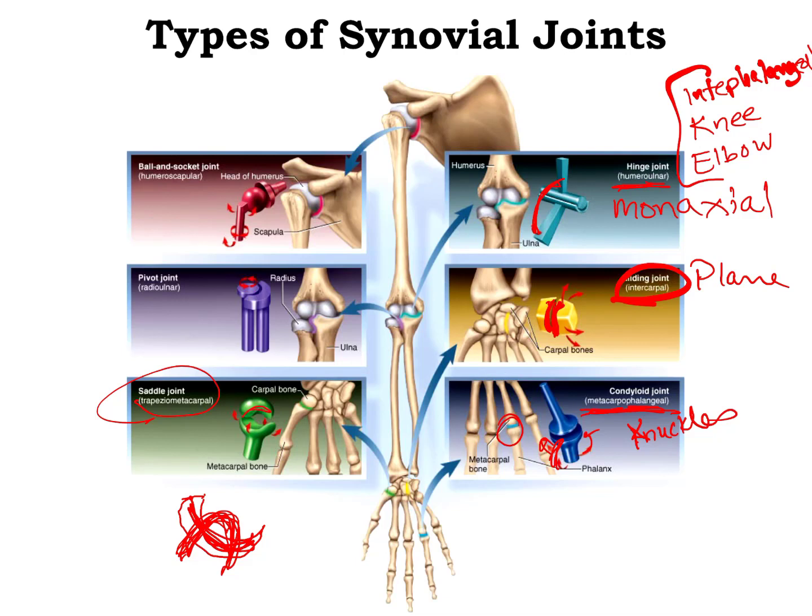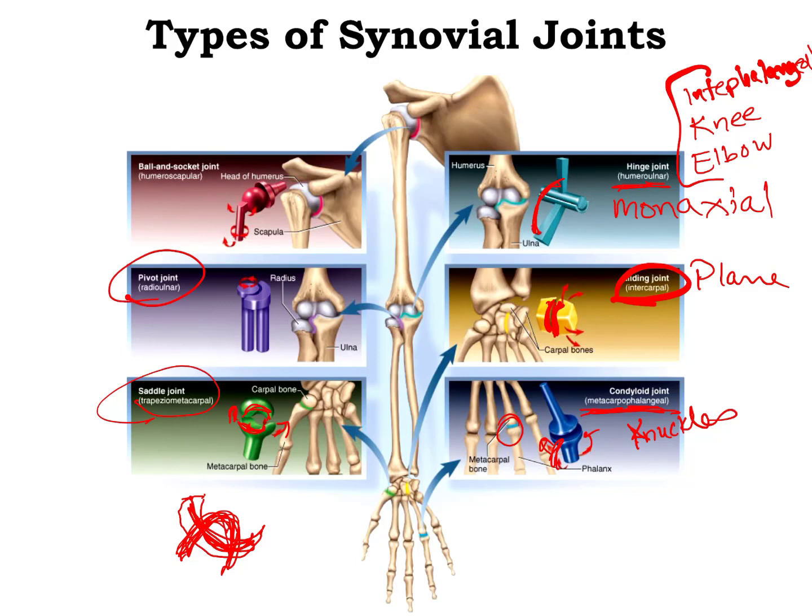And that's what you're seeing here. So there's the convex, and here's the concave, and they kind of intertwine, and that gives you the ability to move in two different planes. So that's what gives you an opposable thumb.